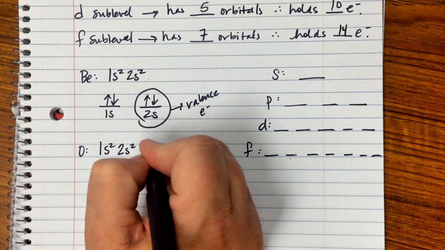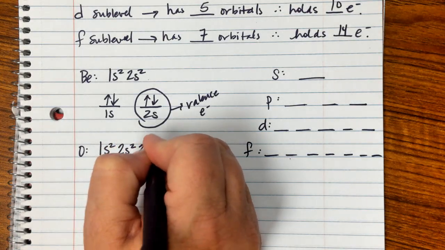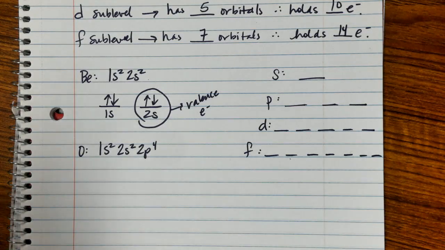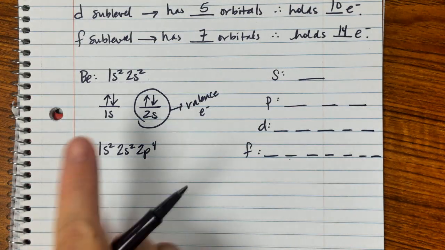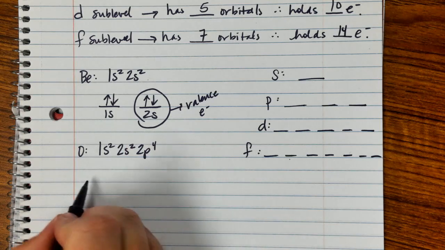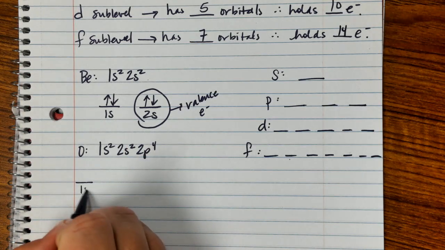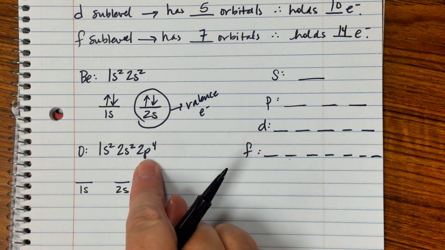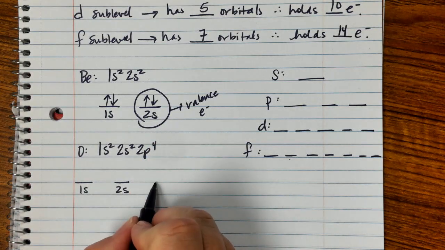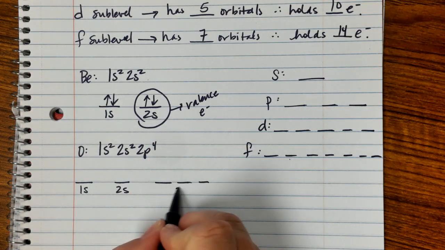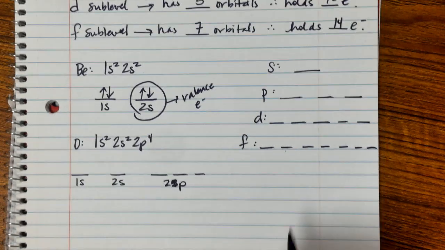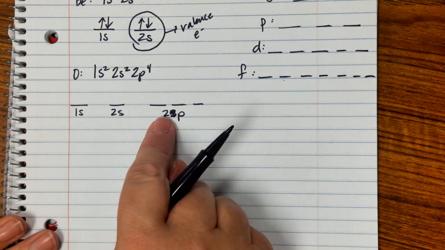Brilliant. Okay? So let's circle our valence electrons. Oh wait, not yet. We have to draw them out. Okay. So I have a 1s and a 2s. So I'm going to draw a line for 1s, a line for 2s. How many lines do I need for P? 3 for P. 1, 2, 3 all together. Oops, sorry, I wrote that as 3P. That's 2P. Yes, I do expect you to label underneath these.